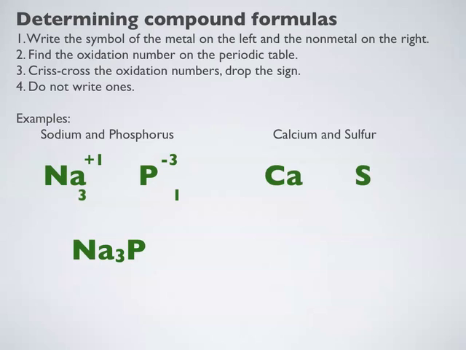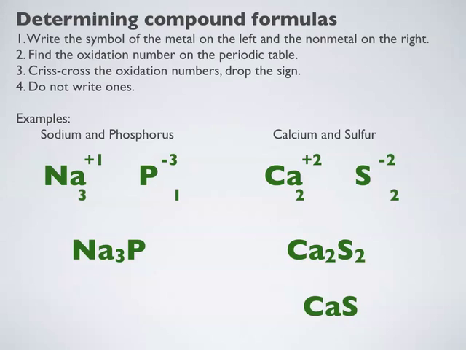Calcium and sulfur. Calcium, what is its oxidation number? 2. Sulfur. Right? And we can simplify as well here.